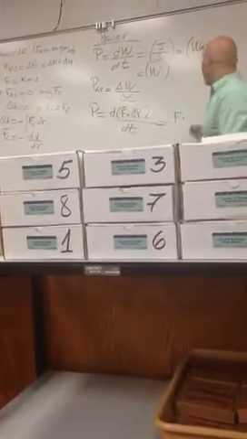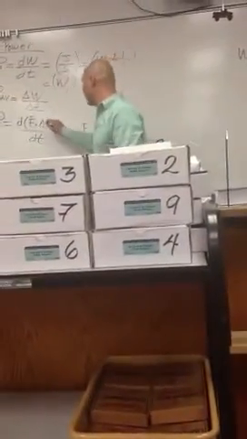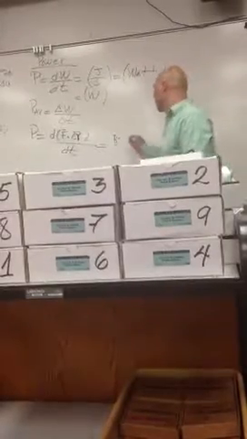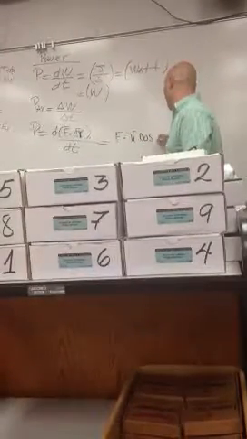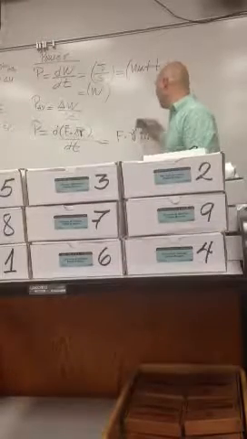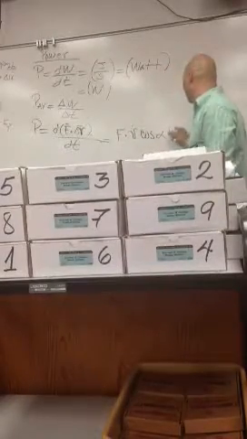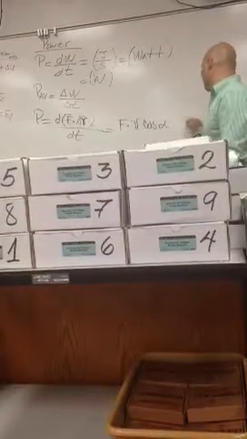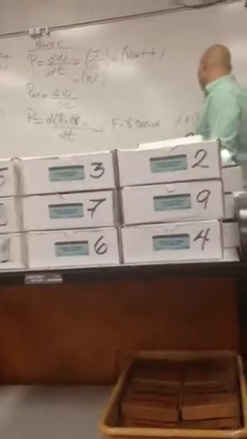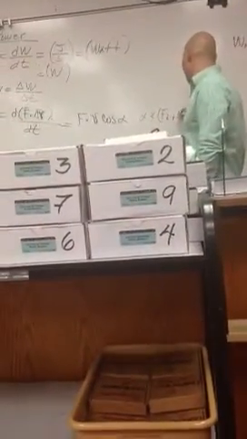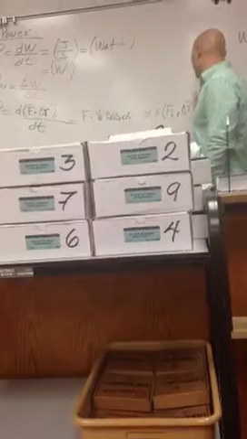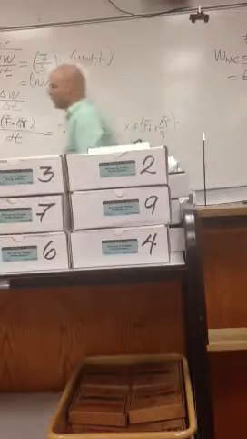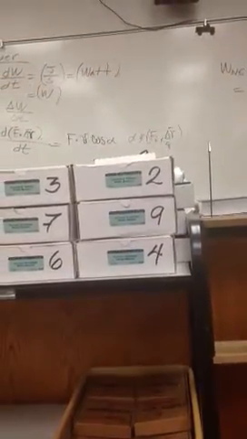What is that? dr over dt, the change in position over time, is the velocity. So power is force times velocity times cosine of the angle alpha between the force and the velocity, or the displacement, which is in the same direction as the velocity. It doesn't matter. This is the definition.